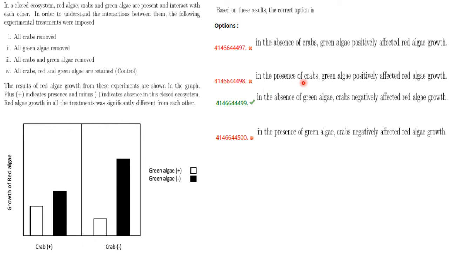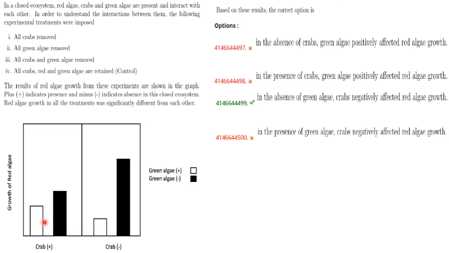Then the next one. In the presence of crabs, that is over this graph, green algae positively affected red algal growth. No, green algae negatively affected, because in the absence of green algae, red algal growth is more when compared to the presence of green algae and presence of crab.